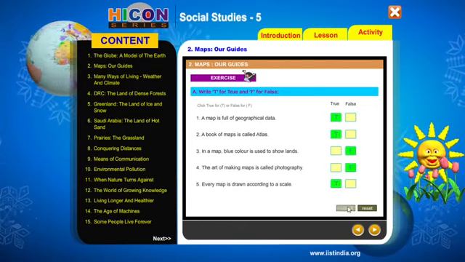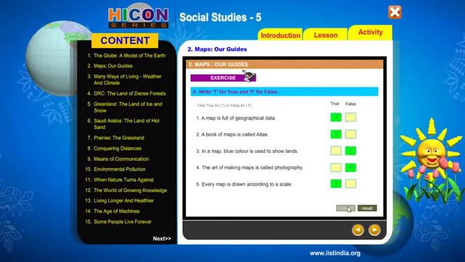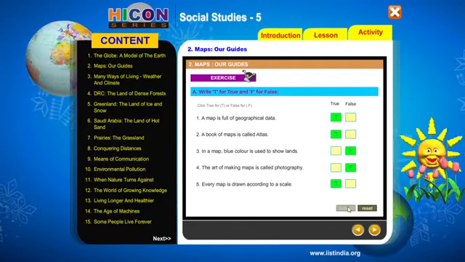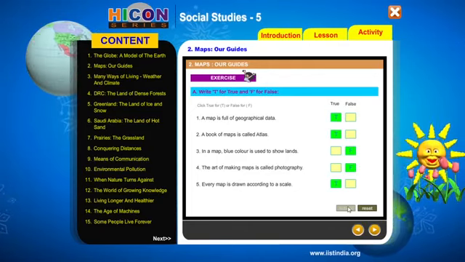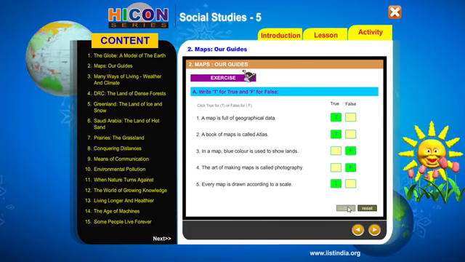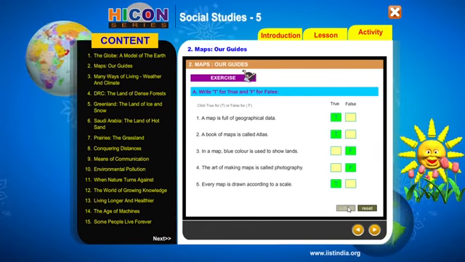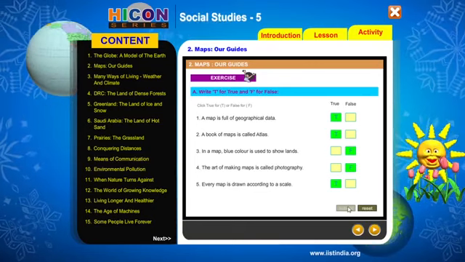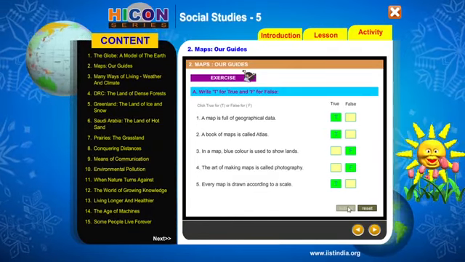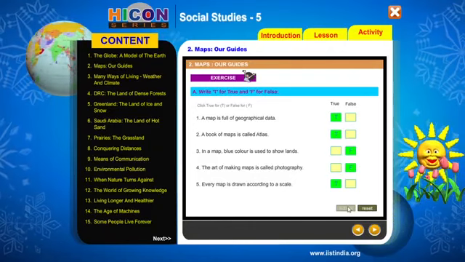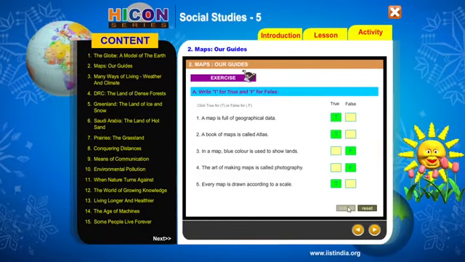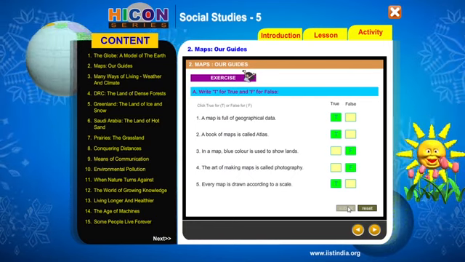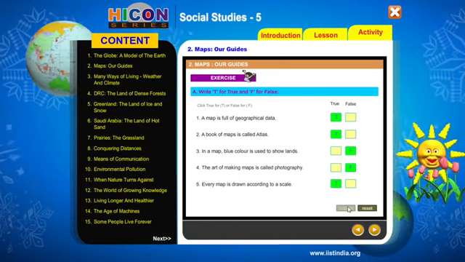So we'll submit the answers. Yes. So we will read all the five sentences once again. The first one, a map is full of geographical data, is a true statement. A book of maps is called an atlas, is also a true statement. In a map, blue color is used to show lands, is a false statement because brown color is used to show lands on a map and blue color is used for expressing water bodies.